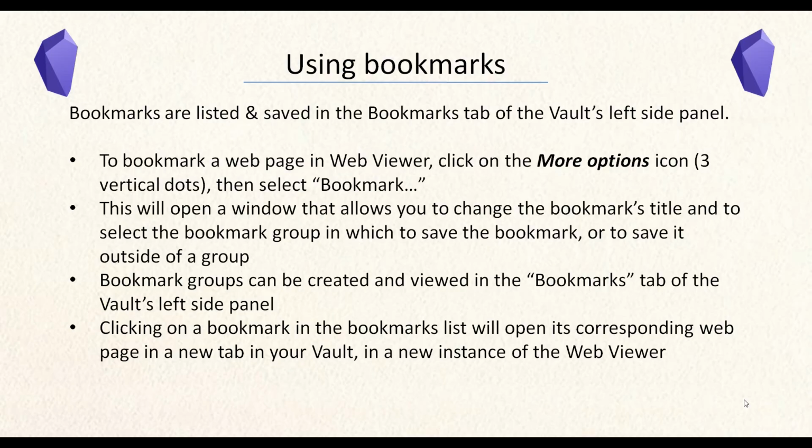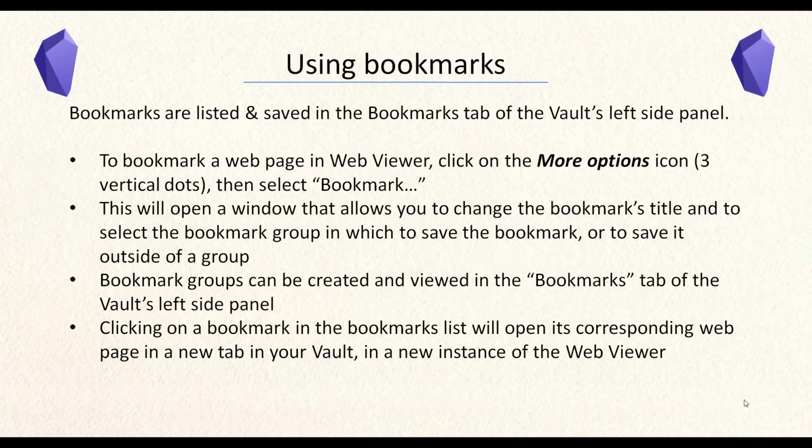This will open a window that allows you to change the bookmark's title and to select a bookmark group in which to save the bookmark, or to save it outside of a group. Bookmark groups can be created and viewed in the Bookmarks tab of the Vault's left side panel. When you click on a bookmark in the Bookmarks list, it will open the corresponding web page in a new tab on your Vault in a new instance of the web viewer.